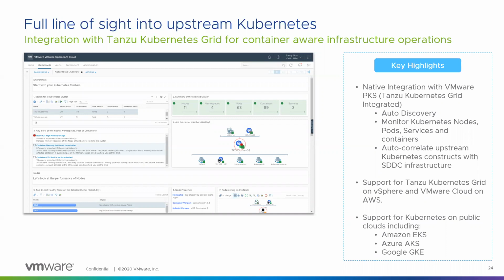For example, if it is running on vSphere, but not vSphere 7.0, all that line of sight is available to you. And even if they are running on the public clouds, we bring them over to you.